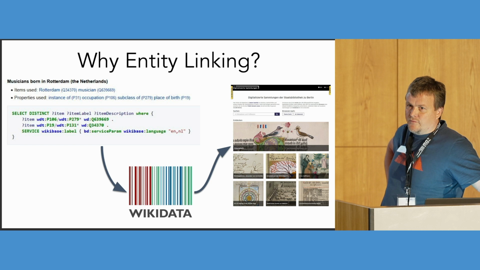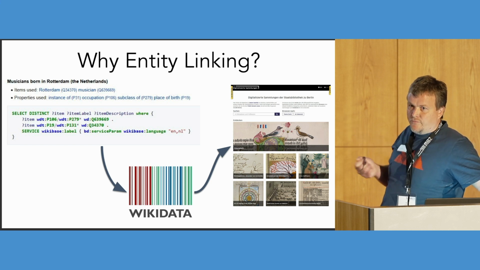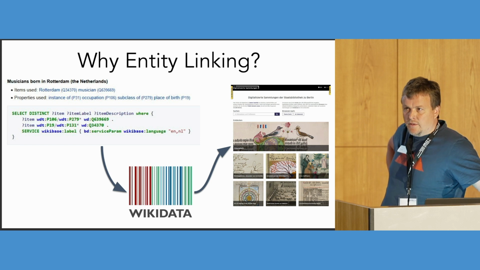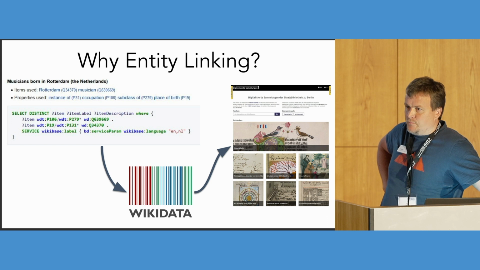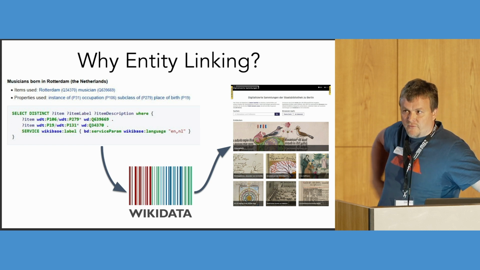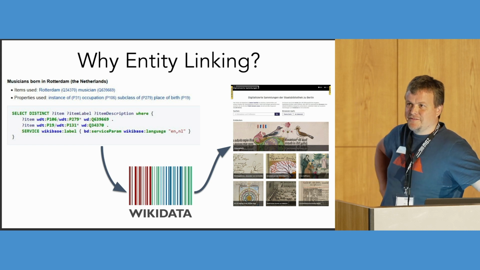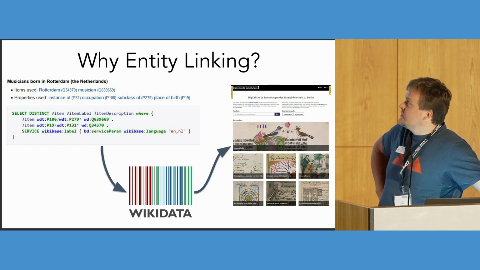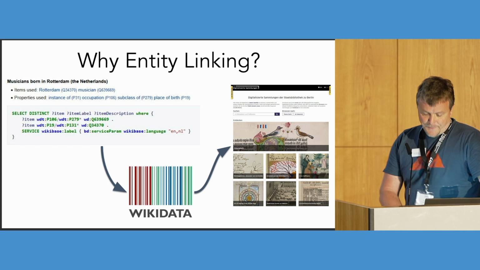We get a list of matching entities, and we match this list of entities against all the linked entities in our entire text corpus. And we are finally able to present the user a list of texts that probably talk about musicians born in Rotterdam. This is basically the idea.